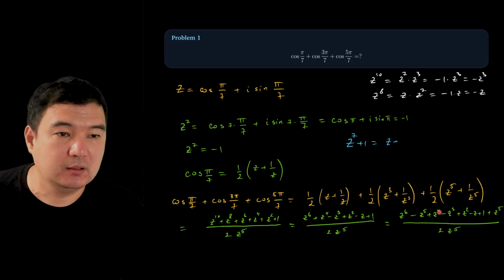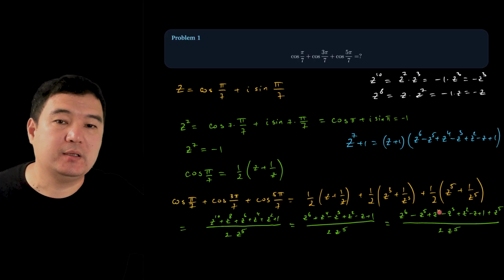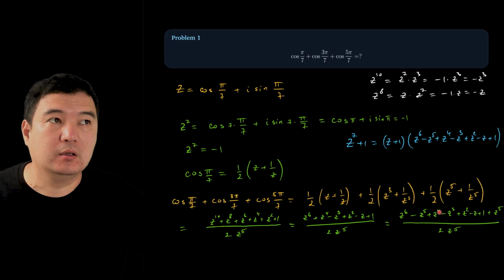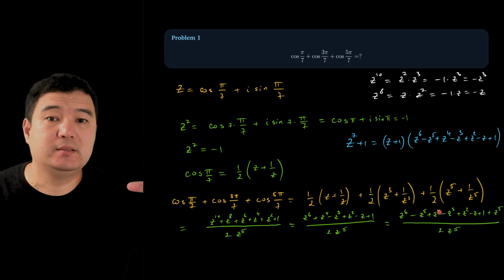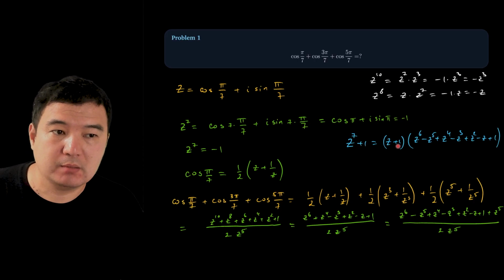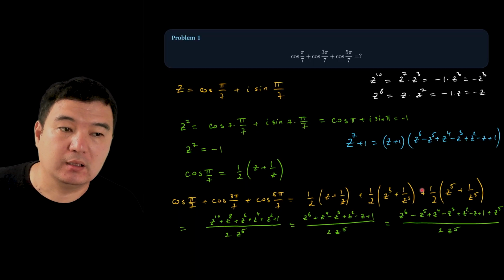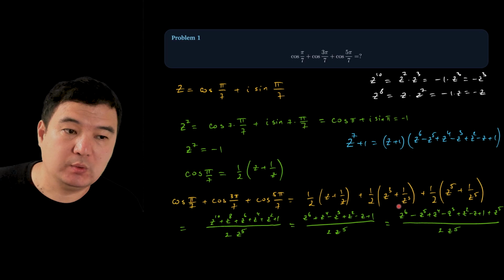That's one of the main ideas of all three problems, or one of the main ideas of this method, I would say. So z^7 plus 1 can be factorized as z plus 1 multiplied by this expression.